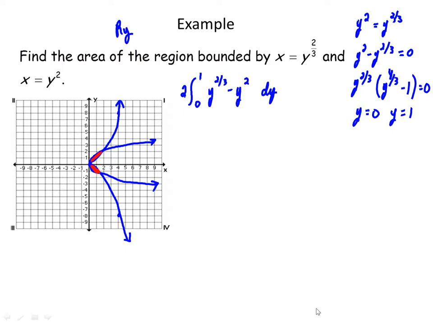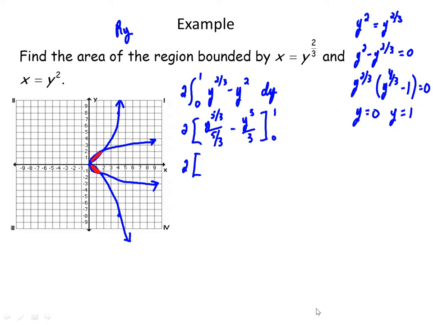All right, let's integrate. So we're going to have 2 times. So this is going to be what? Y to the 5/3 divided by 5/3 minus y to the 3rd divided by 3, integrated from 0 to 1. What's the first fraction going to turn into?